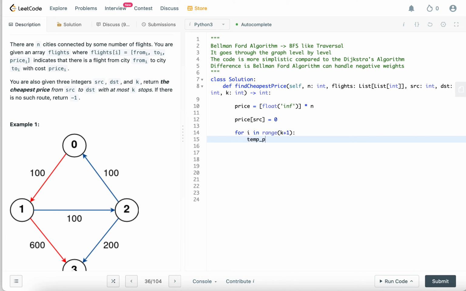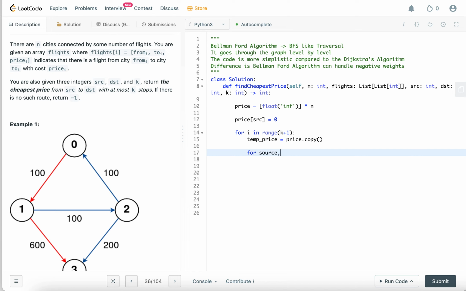And here I'm gonna make a temp price list. Temp price list is just gonna be a copy of our original price list. It's gonna be a shallow copy. And now I'm gonna go through the flights. So the flights are from, to, price.